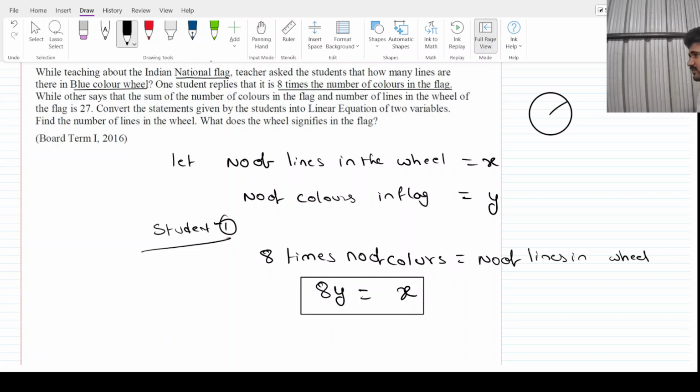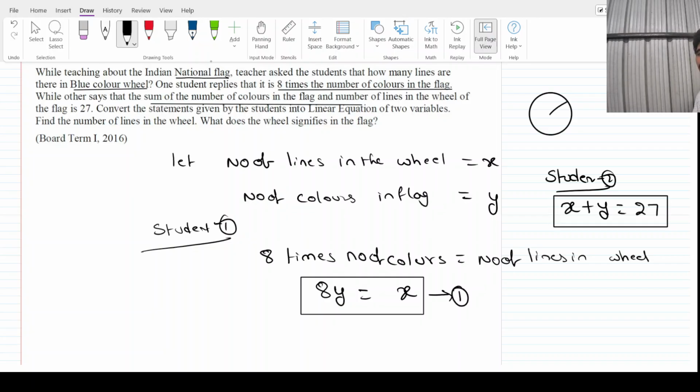Is that clear for everybody? This is equation number 1. Student 2, what did he say? The sum of the number of colors in the flag and the number of lines in the wheel. That means x plus y equal to 27.